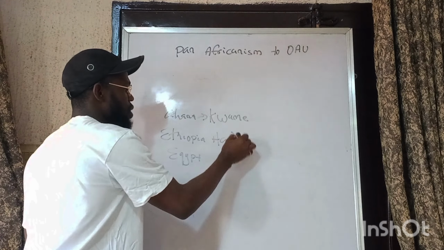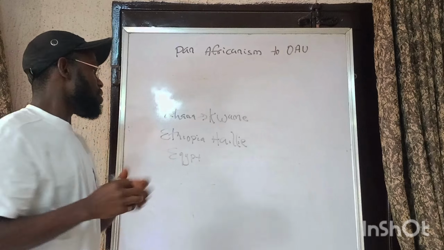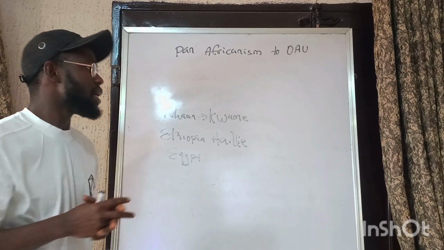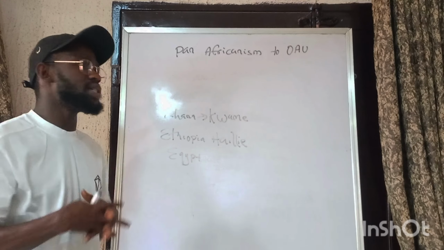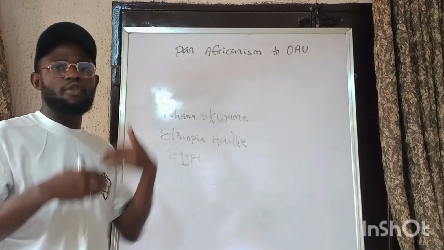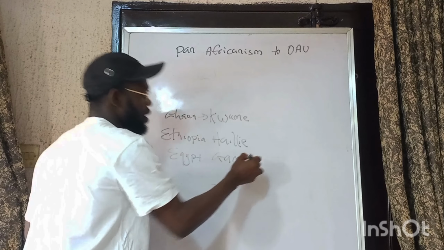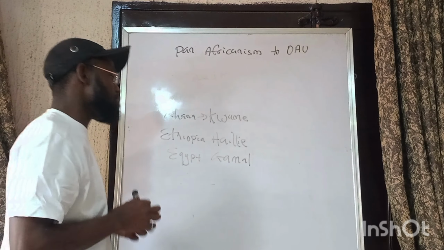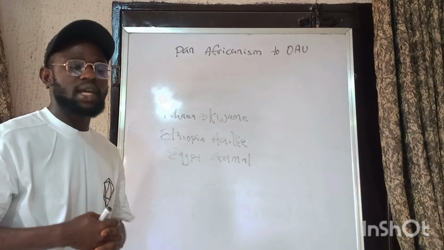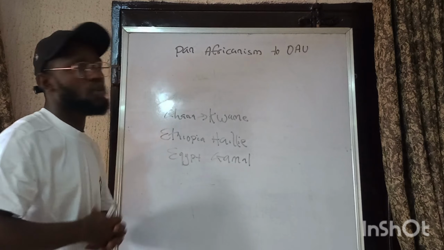So Emperor Haile was that guy from Ethiopia that was part of the conference that led to the formation of the OAU. And beside that, the guy from Egypt was Gamal Abdel Nasser. But you don't need to stress yourself. You need to remember a name called Gamal. Gamal was the guy from Egypt that was also part of the conference that led to the formation of the OAU.